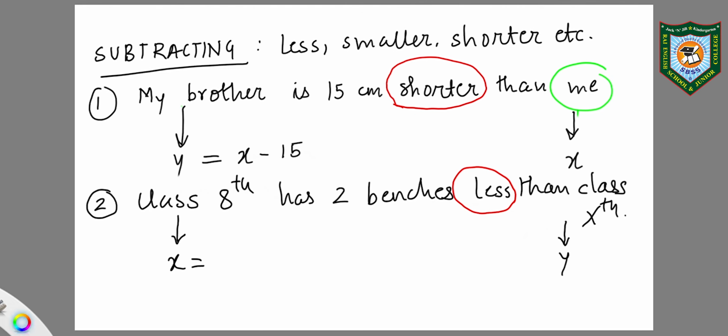That means class 8 has two benches less. That means it has minus two benches from the amount of benches that class 10th has. So I have this minus 2. So my statement here becomes x is equal to y minus 2.